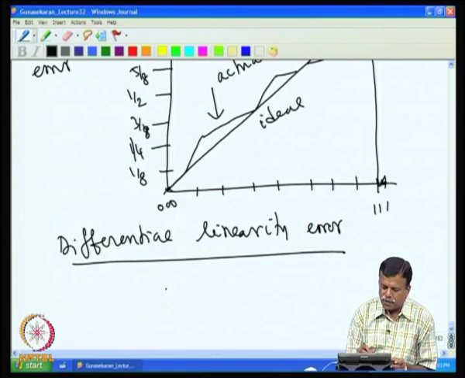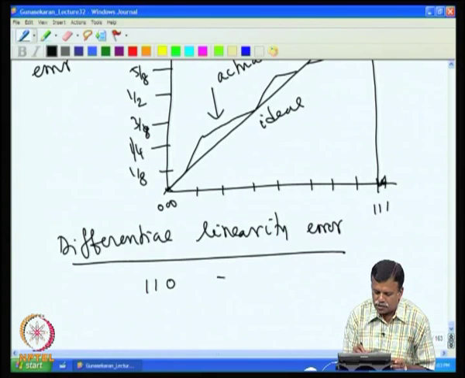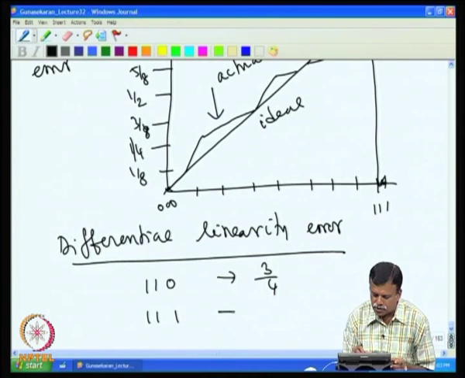For example, if I have say 110, 110 is supposed to give you 3/4 of a volt, and 111 is supposed to give you 7/8 of a volt.